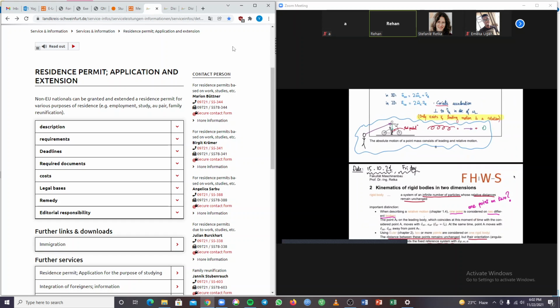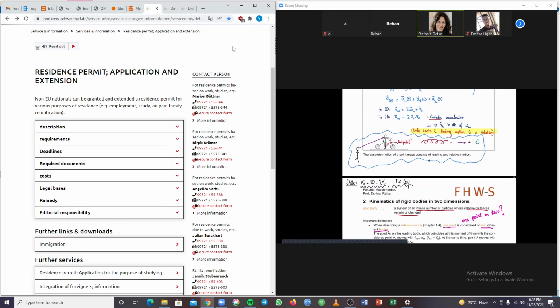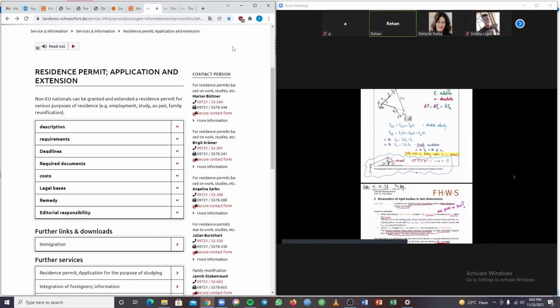For example, where the pedal is first considered in the rectilinear motion, the whole motion of this bicycle, and then the rotational motion of the pedal is considered. Exactly, that's what was meant here. Okay, not because the same point can't be on two bodies.